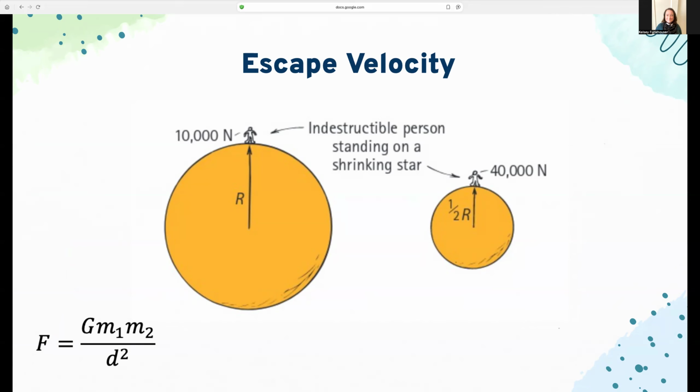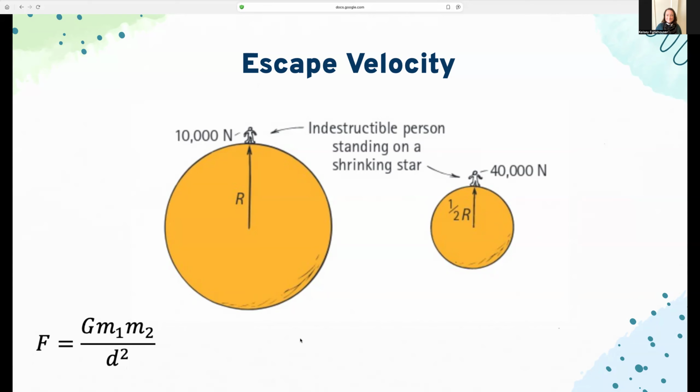The force of gravity they experience depends on their distance from the center of the star and their mass and the mass of the star. It's just this equation that we just learned, right? Let's say mass one is the mass of the star. Mass two is the mass of our indestructible astronaut. And then distance here is the radius of the star or the distance from the center of the star.